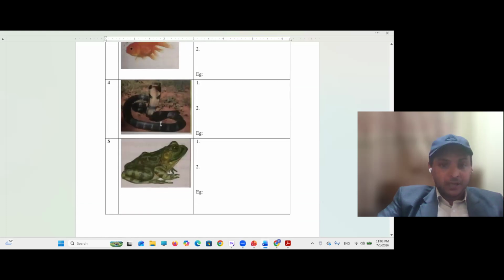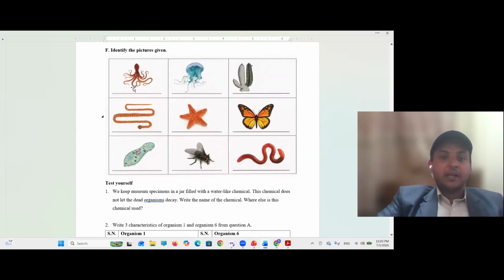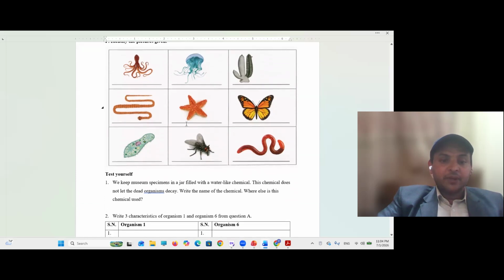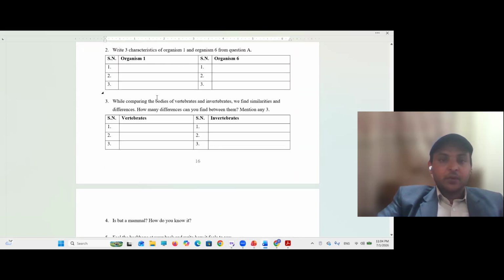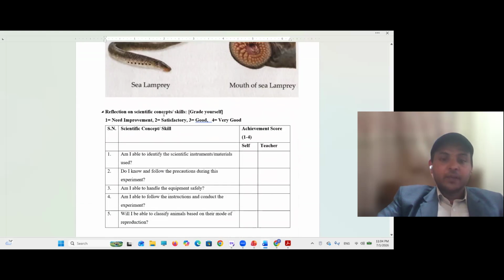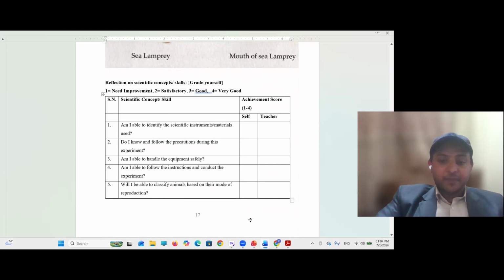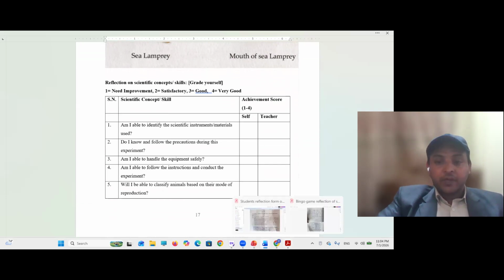Different organisms will be given like this in the spotting activity, and again the students will be asked to identify the organisms from different pictures, and they will explore the different characteristics. And in this way, this kind of activity helps to understand the different aspects of vertebrate and invertebrate animals.